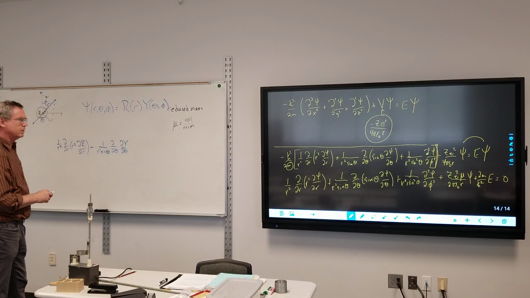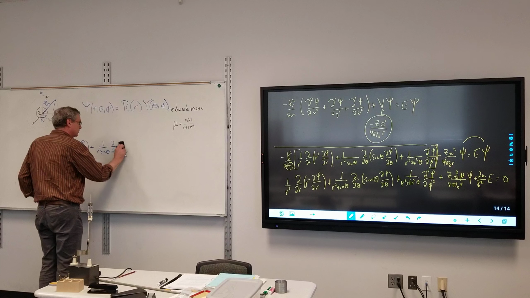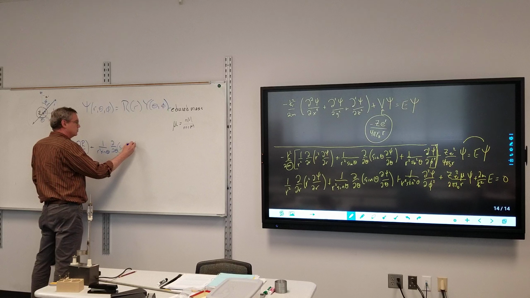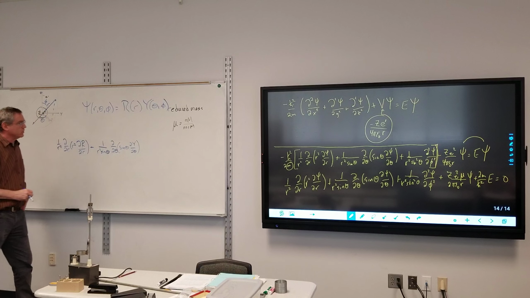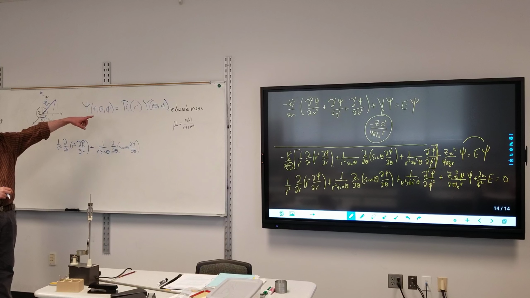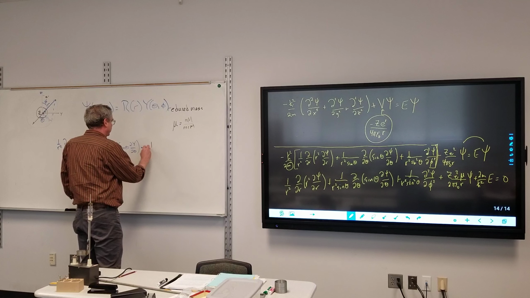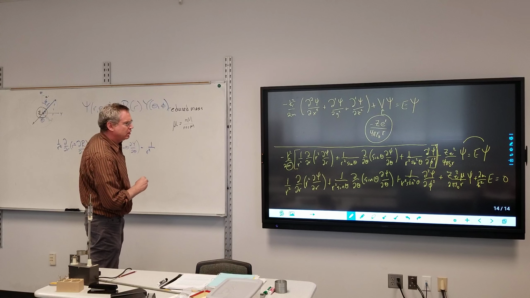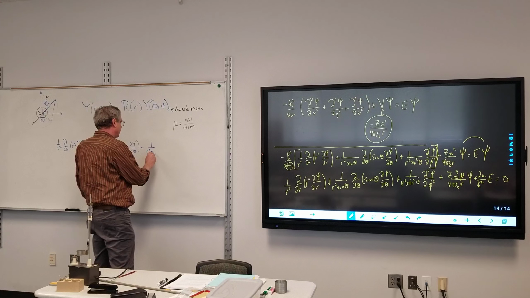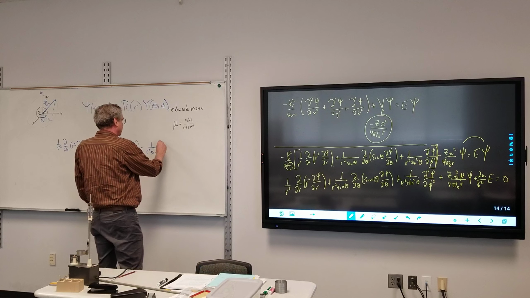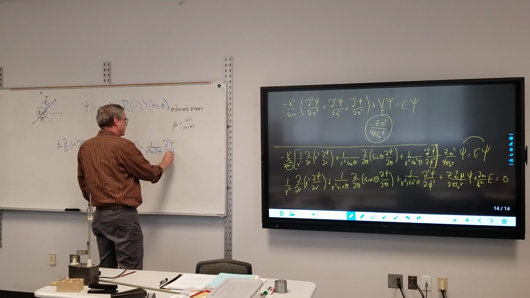I lost my sine theta. Since the R piece of it has no dependence upon theta, that's why it suddenly has gone away. Plus 1 over r squared sine squared theta del squared Y over del phi squared.